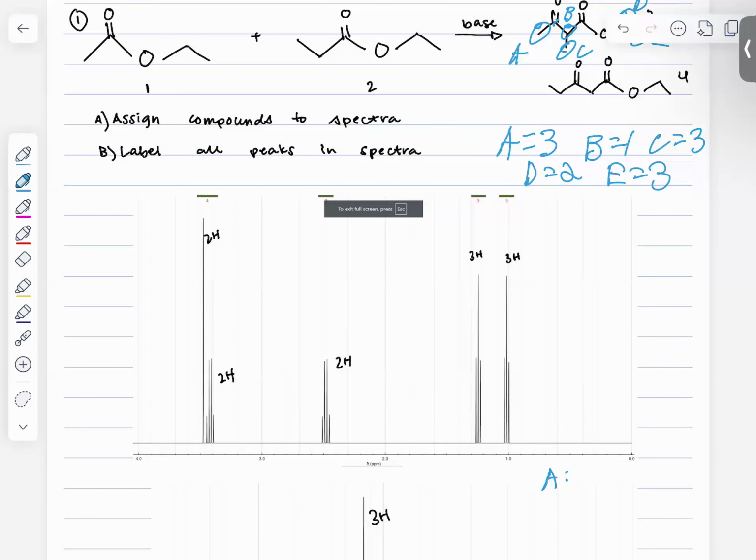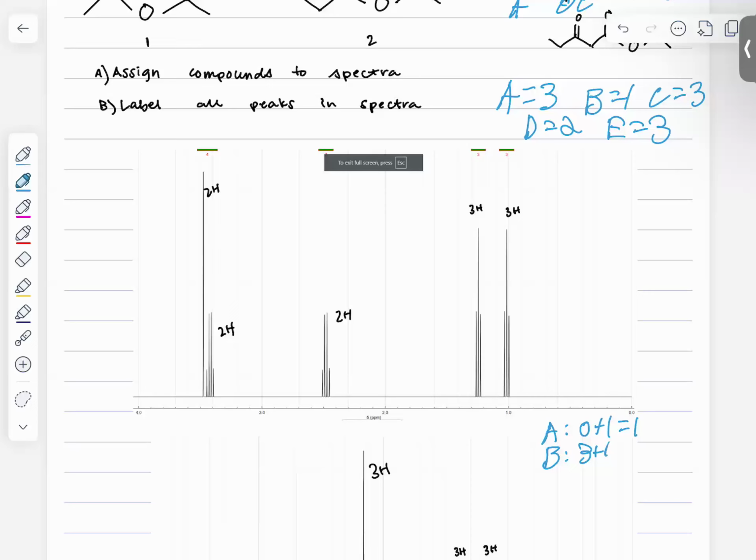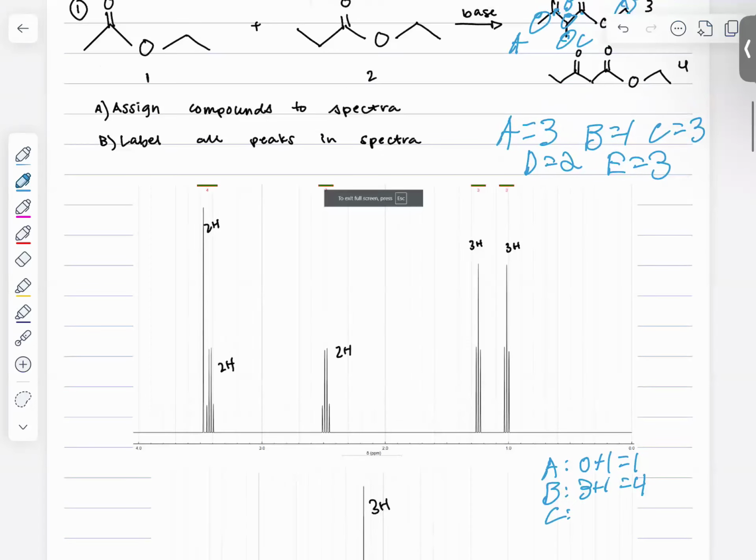There is no hydrogen, so 0 plus 1 is equal to 1. B, of the 3 carbons next to it, one of them has 3, so it's going to be 3 plus 1, which is equal to 4. C has 1 carbon that has hydrogen, so it's 1 plus 1, 2.